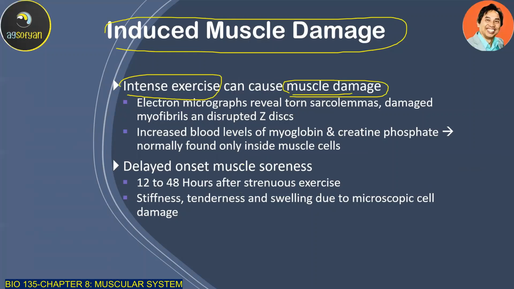It has to be little by little. Sometimes there is a delayed onset, usually happening 12 to 40 hours after exercise. Then we feel soreness and also stiffness in the muscle.